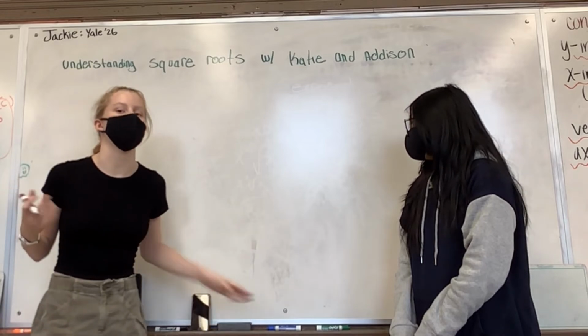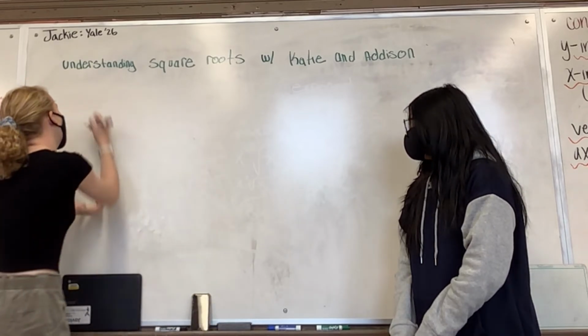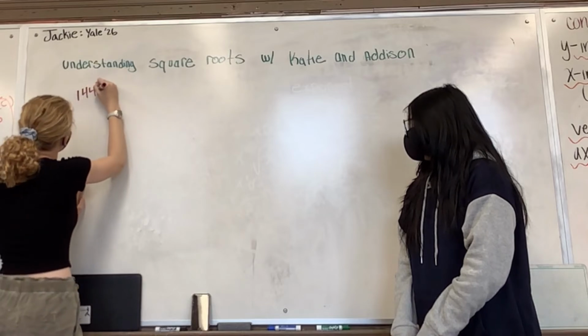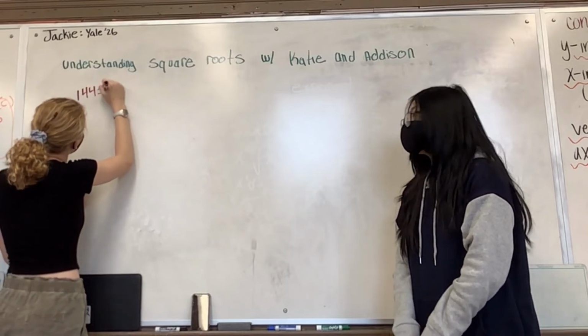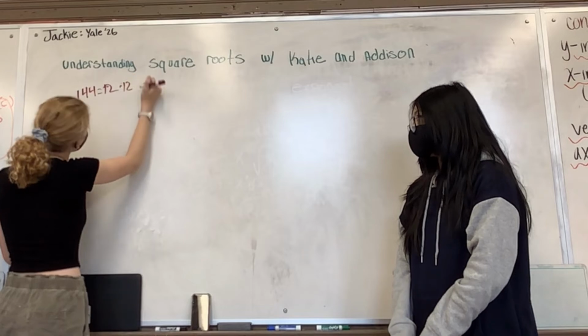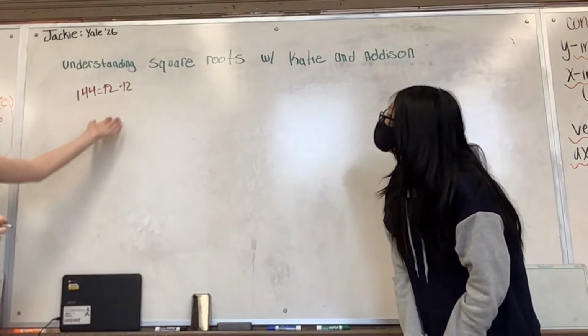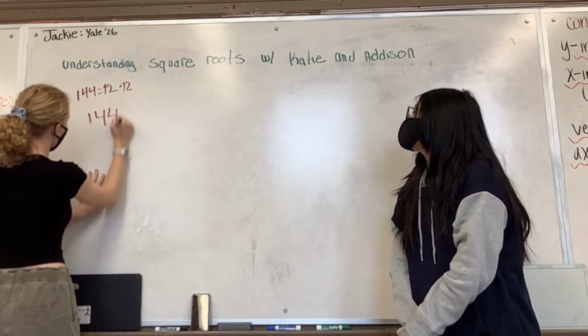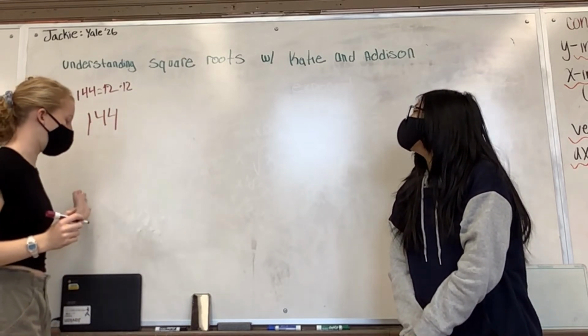Going over what we talked about today, we talked about perfect squares, which is basically a number times itself. You multiply 2 of the same number to get your answer. So 144 is a perfect square.